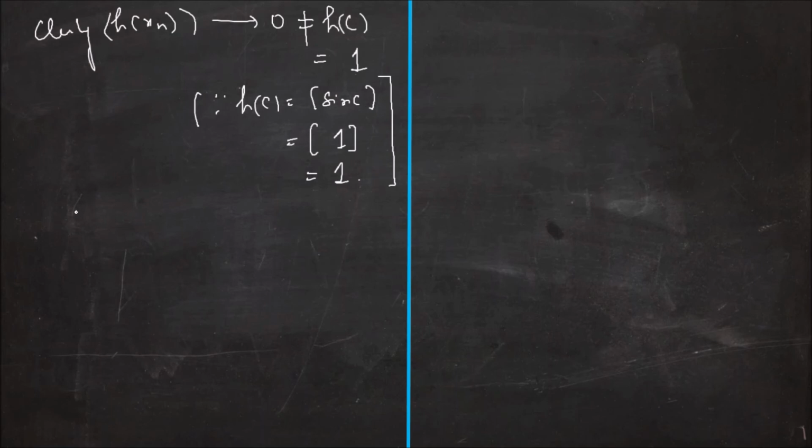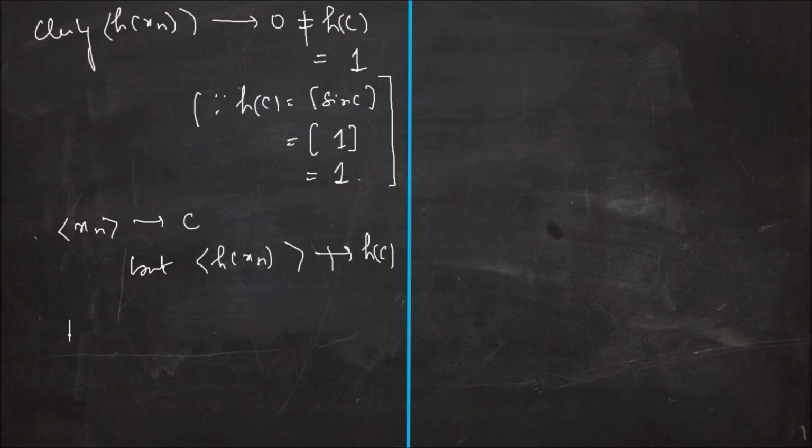The sequence xn converges to c, but h of xn does not converge to h of c, hence h is not continuous at c.